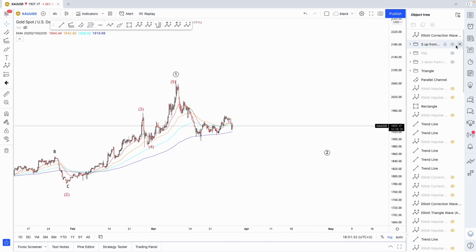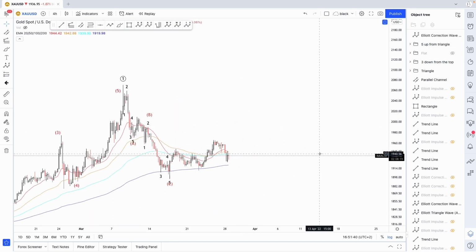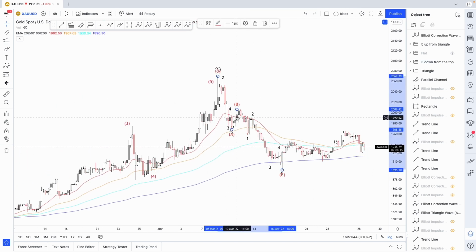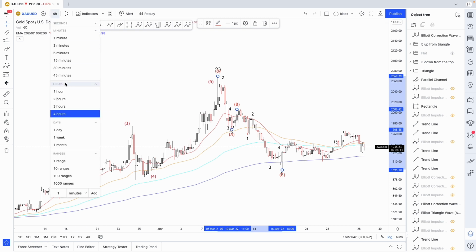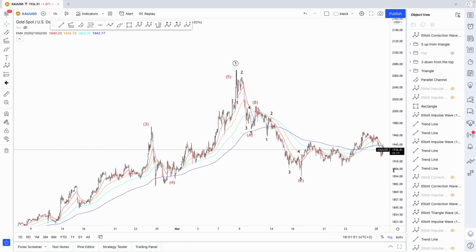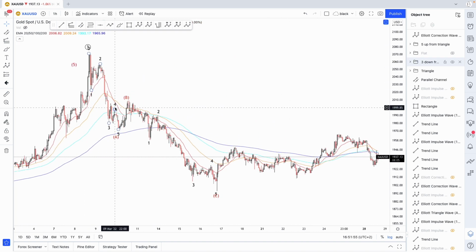Now, let's see here. I can count 3 waves down. 1, 2, 3, 4, 5. Let me zoom in for you. Into wave A, up for B, and then we focus just on that move down, that one lower. As you can see here, we have 1, 2, 3, 4, 5.